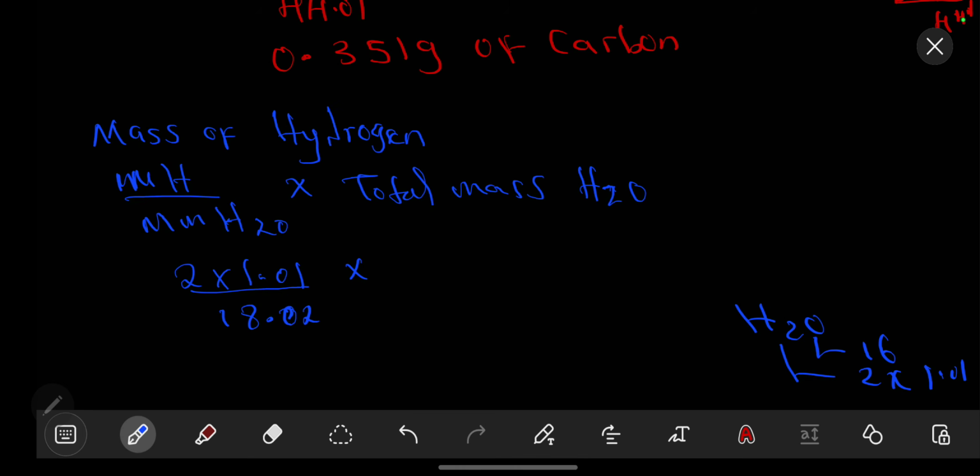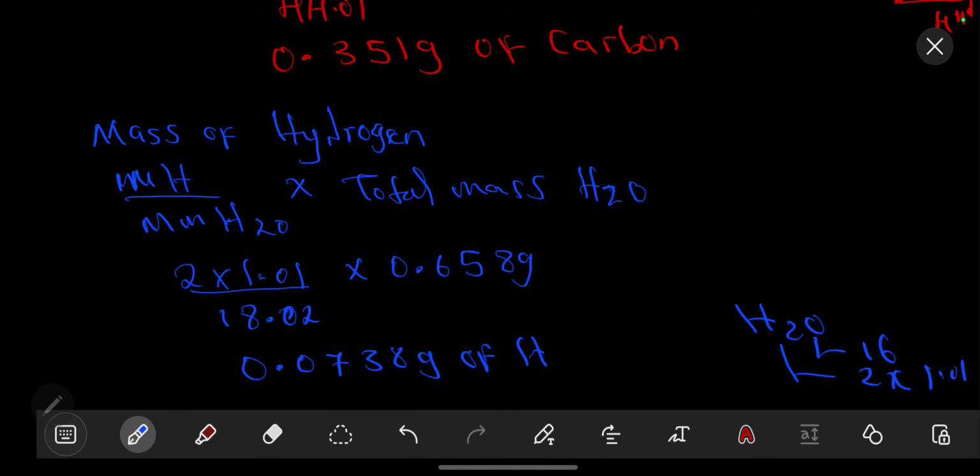If you look at the actual mass present in water, we have 0.658 grams. So when we do our math here, we find that our mass is equal to 0.0738.